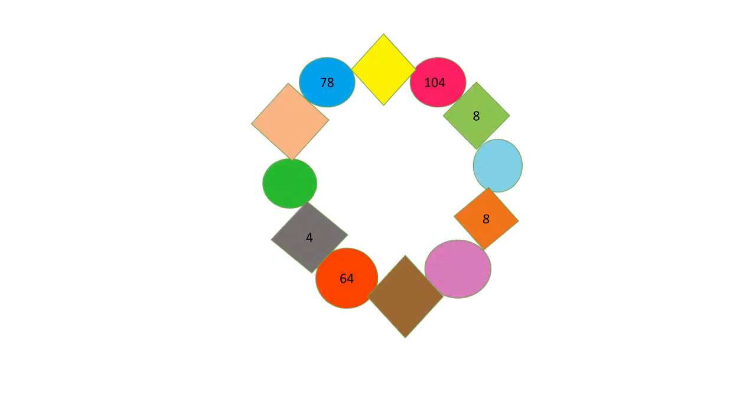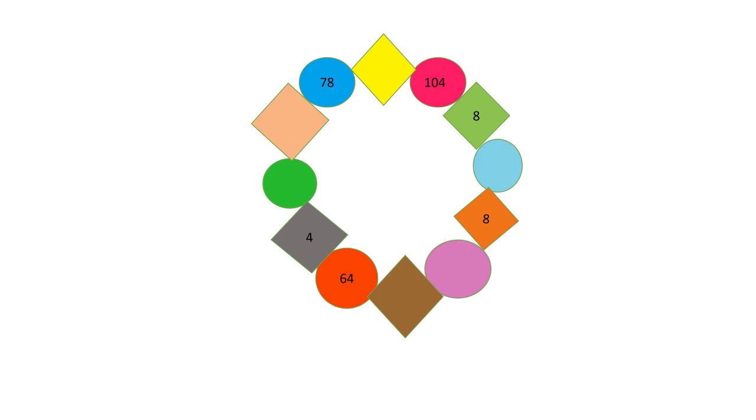Again, the next example, if I give you, you see the numbers here. By observing the numbers which are given, we can get the idea of the rule which will be followed to find out the blank boxes here. See the dark pink box, the number given is 104, and the yellow box is empty, and the green box has the number 8.